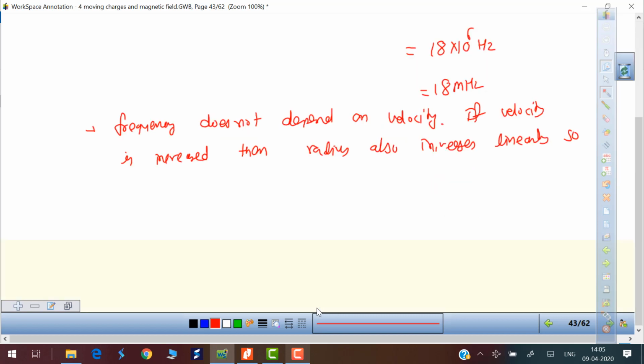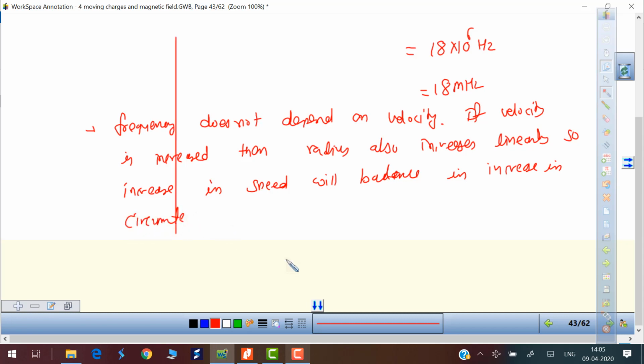So the increase in speed will balance the increase in circumference. So there is no increase in frequency, it remains constant.